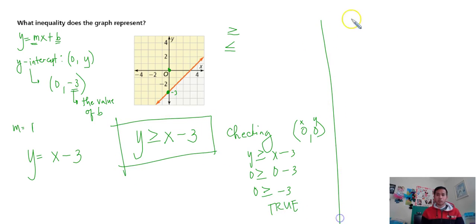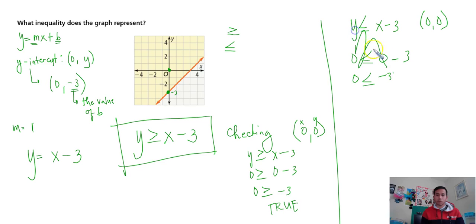Why is it not y is less than or equal to x minus 3? If I'm going to check on (0, 0), that is 0 less than or equal to 0 minus 3. 0 is not less than or equal to -3.